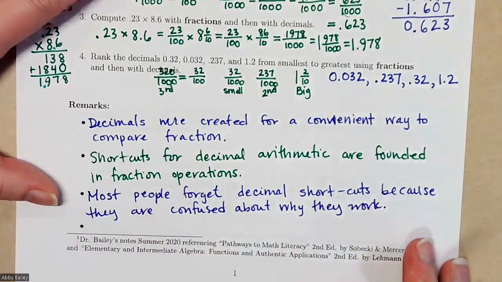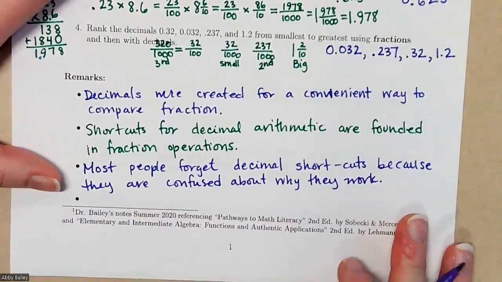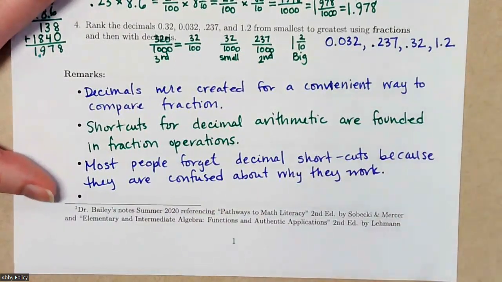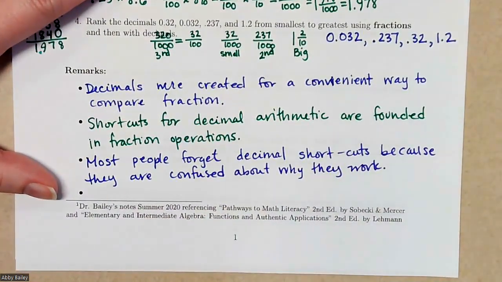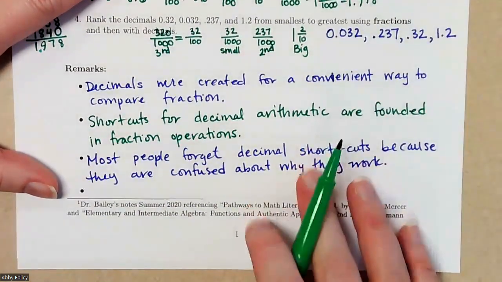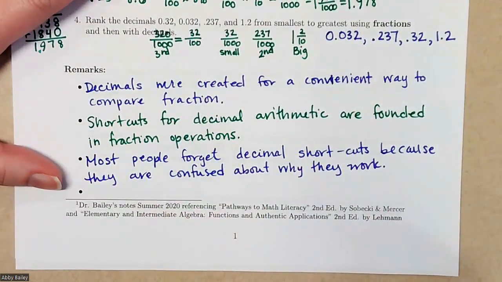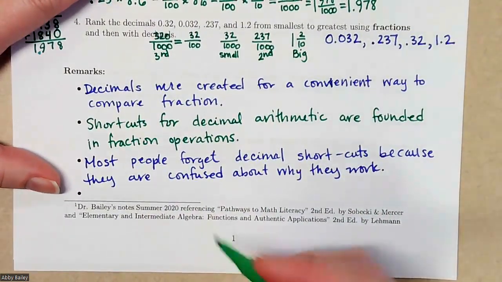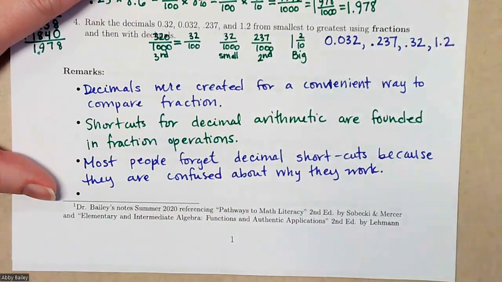And usually when it doesn't quite stick and you're like, what? You kind of just forget about it. So there you have it, right? Most people forget decimal shortcuts because they are confused about why they work.